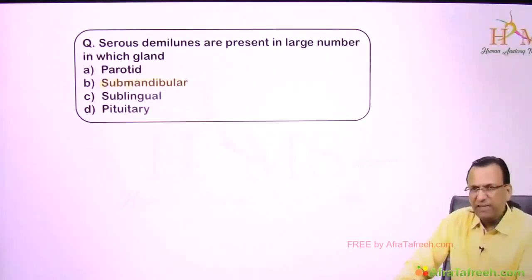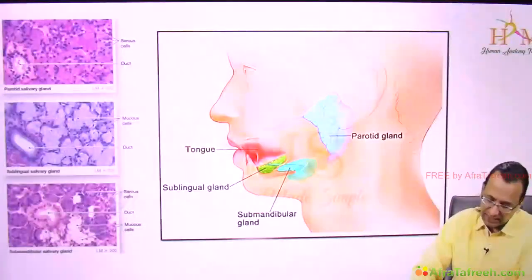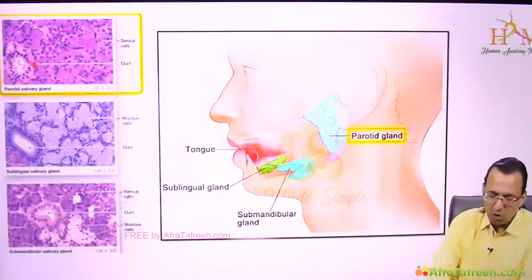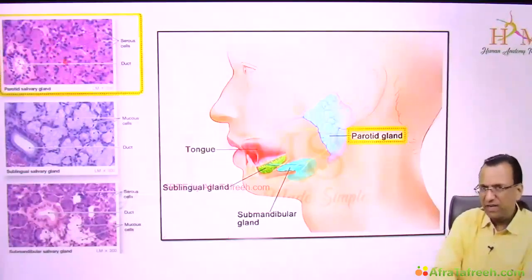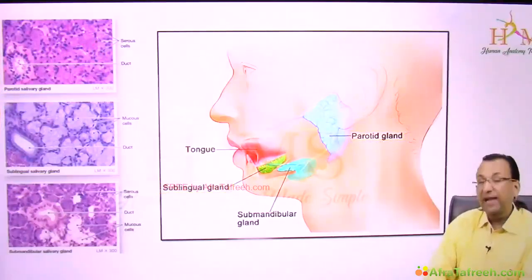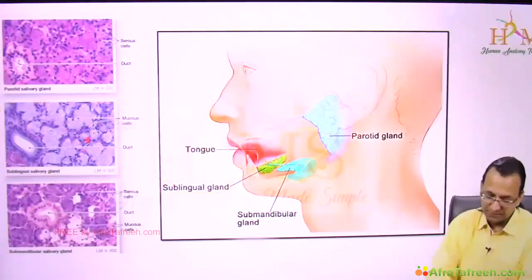As you're proceeding further, you'll find that if you are talking about parotid salivary gland, it will give thin watery secretion. We'll magnify the diagram and see how the serous gland looks histologically. If you're talking about the sublingual salivary gland, which is under the tongue, it is mostly mucinous type of cell.